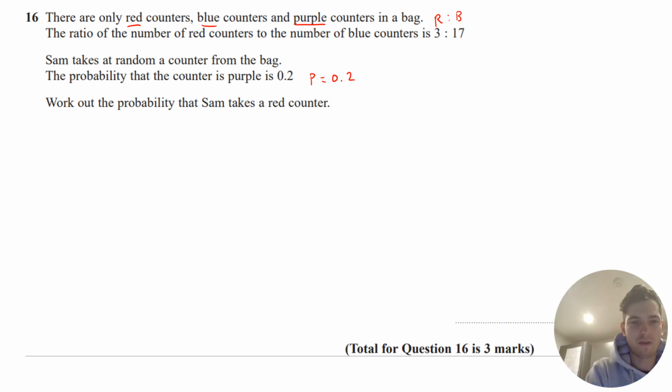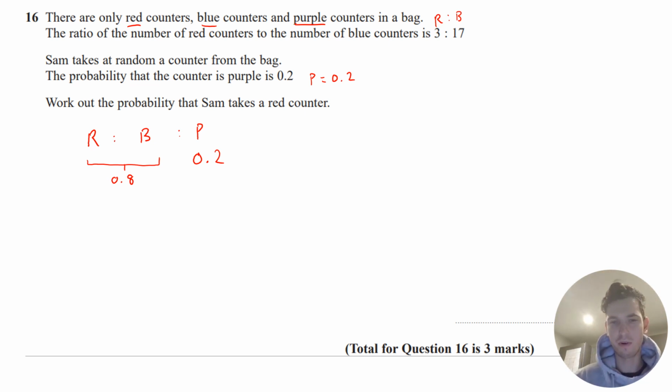Okay, so I've got red counters, I've got blue counters, and I've got purple counters. And I know that purple is 0.2. So I think that red and blue must sum to make 0.8.